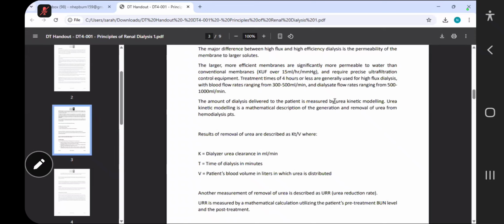Or is it for the total body weight, TBW? That's for your URR, darling. Pardon me? That's to measure the URR. The URR? Yes. Urea reduction rate.